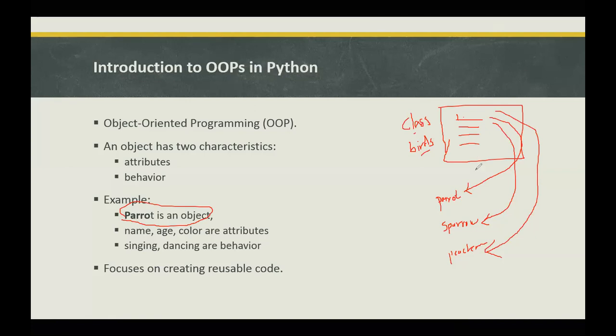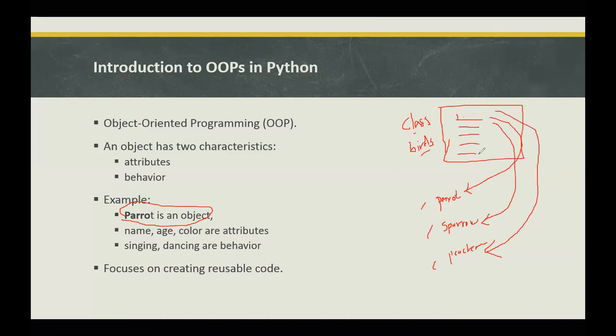Like the same example we saw in the last lecture, a mobile phone. You create one digital copy, and the same copy you use in different mobile phones. Similarly, here there are different objects, like parrot, sparrow, peacock. In the class we have defined different attributes as well as their behavior.